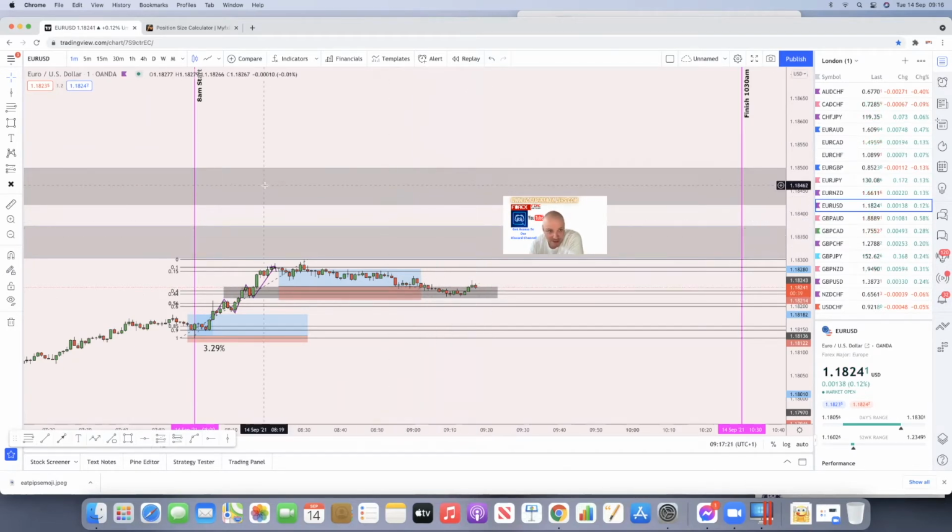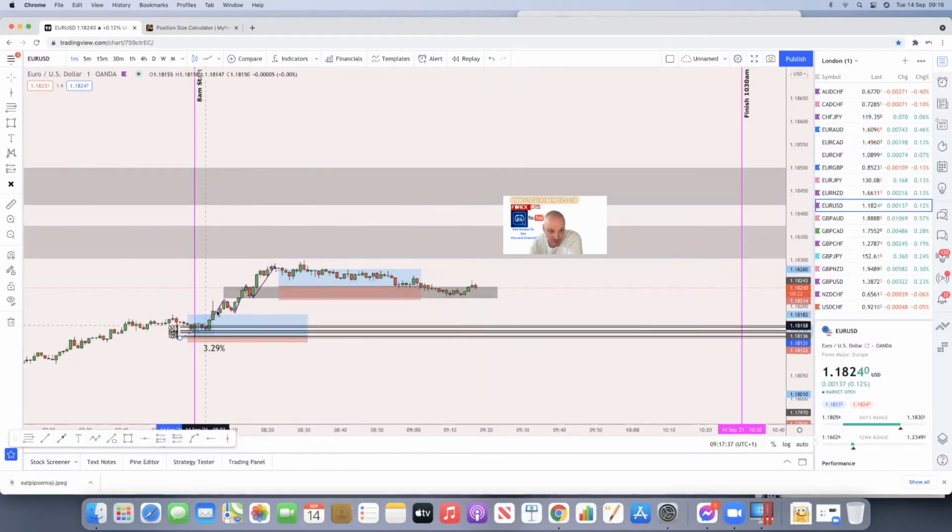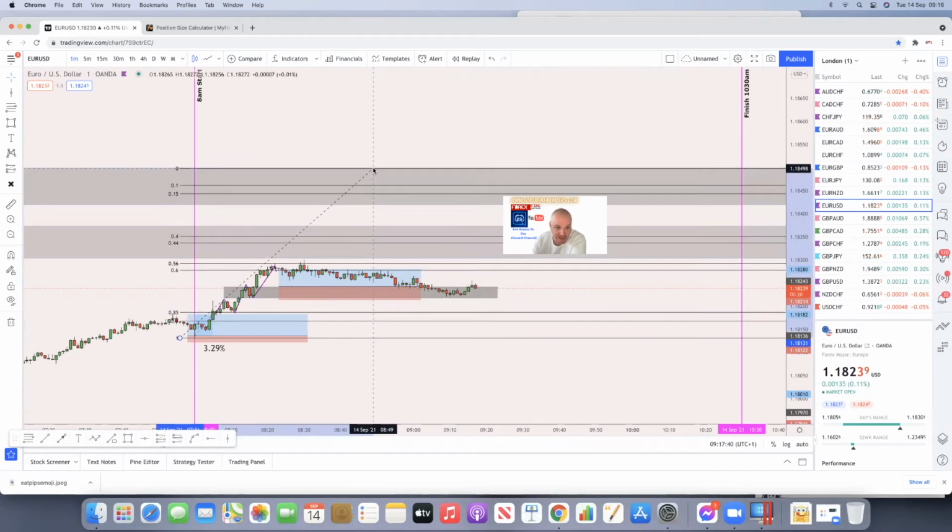And then eventually, if the bias is correct for today, if we do continue up into these upper areas, we may start to see some form of retracement into here. And if we were to do that, I would then break the fibs out most certainly into these sort of areas.